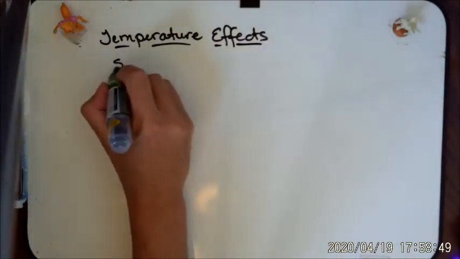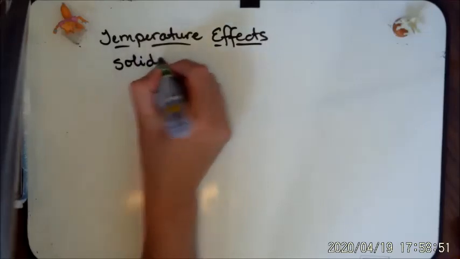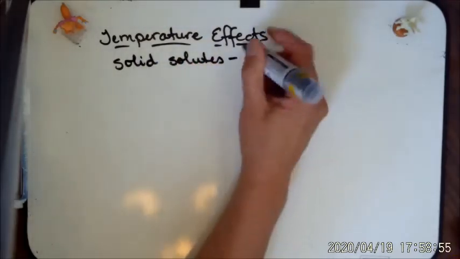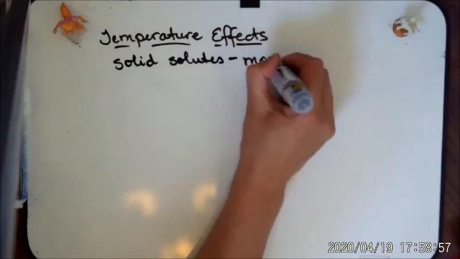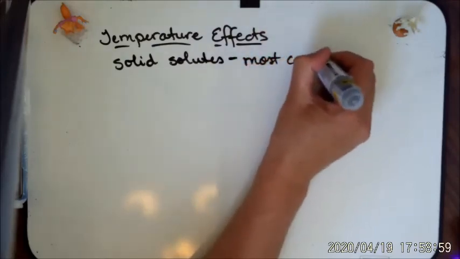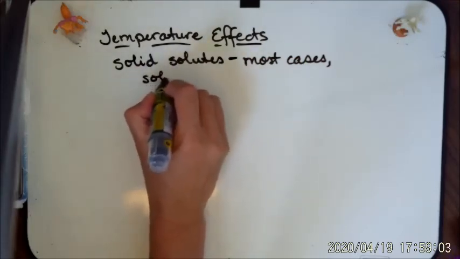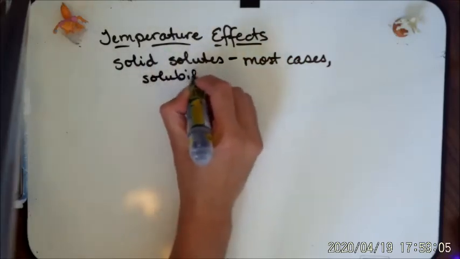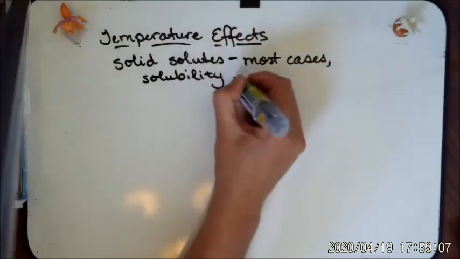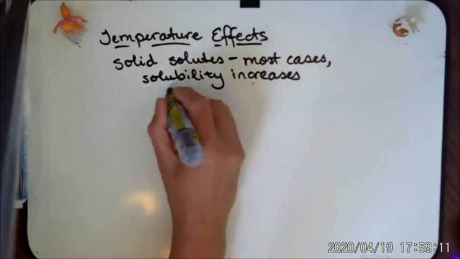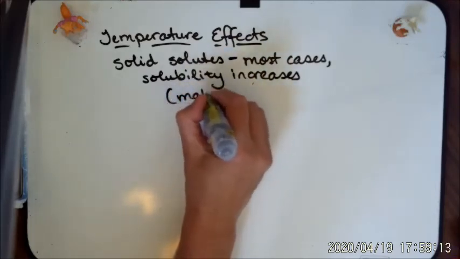For solid solutes, in most cases, solubility increases. Making rock candy, for example, making rock candy.